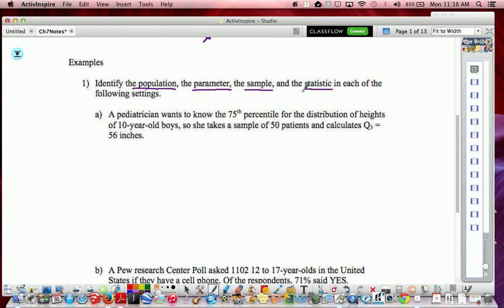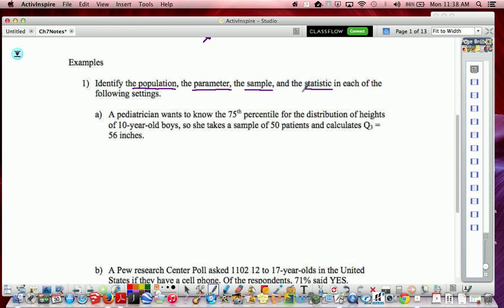It says a pediatrician wants to know the 75th percentile for the distribution of heights of 10-year-old boys. So she takes a sample of 50 patients and calculates Q3 to equal 56 inches.